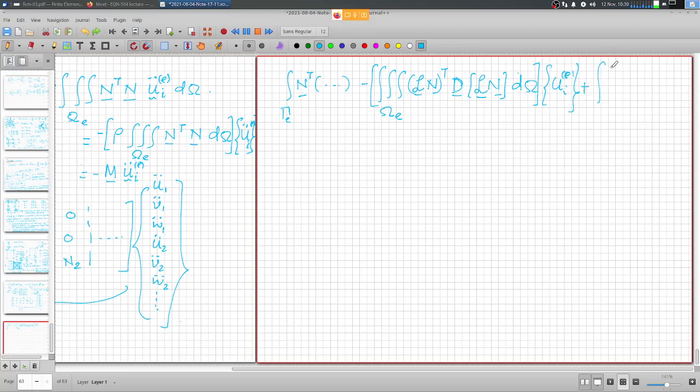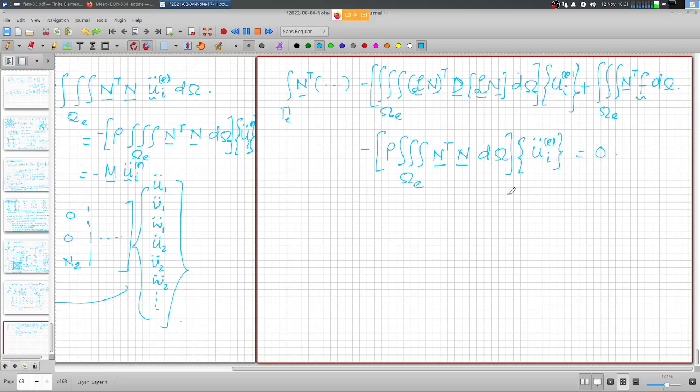Then plus there would be the integral over omega e, again N transpose, the body forces or whatever the forces are, d omega, minus the integral over omega e of N transpose rho N d omega multiplied by u double dot i, is equal to 0. Right?